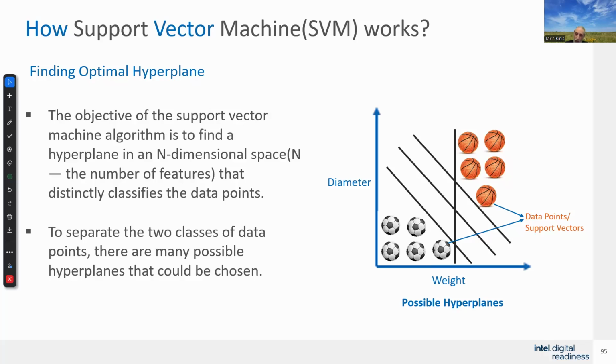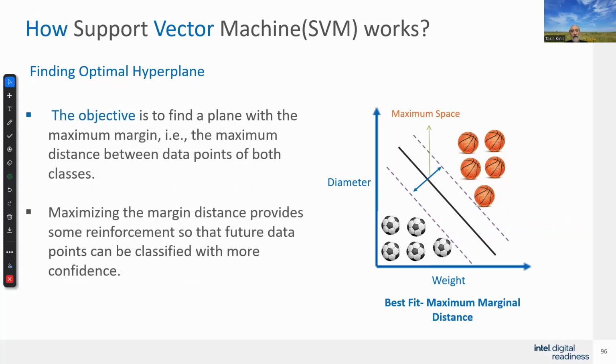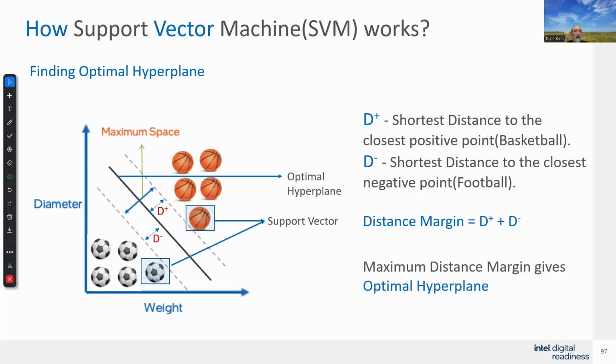There's many that could work, but really what you want is the hyperplane that allows for the maximum amount of space on either side of the data, right? So that's the best hyperplane or the best fit to make our decision point. And that way, it'll be easier to make the prediction, right?